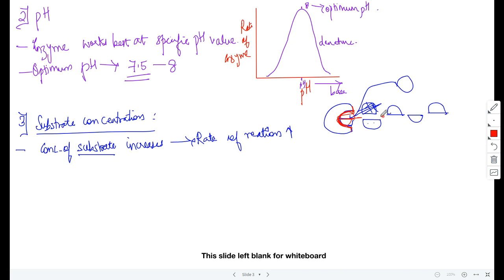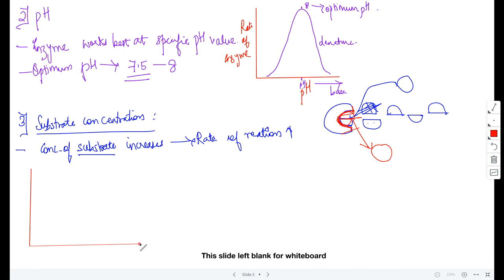That means only one substrate can fit at a time. Only when the substrate has finished the reaction and released itself as a product, and the active site is free, can the other substrates attach to it. Do you understand?